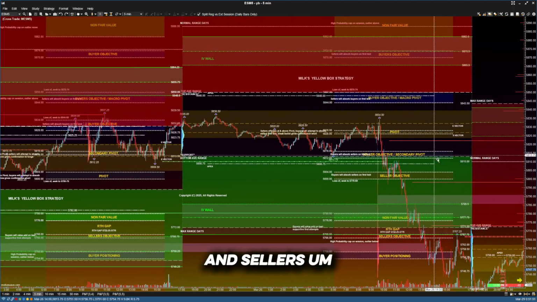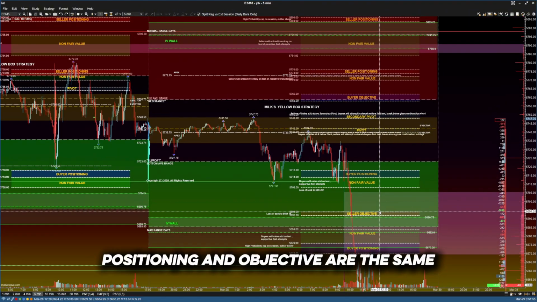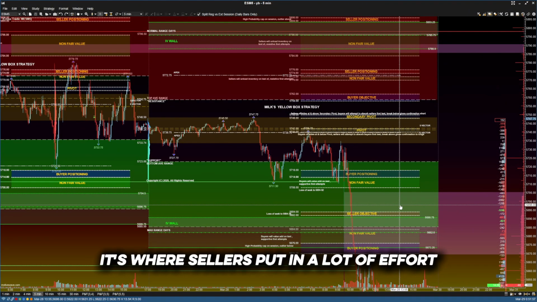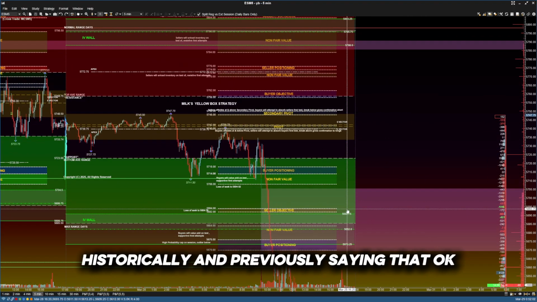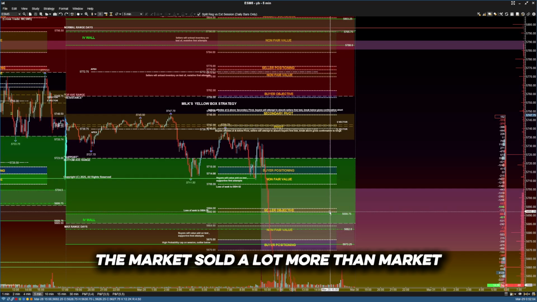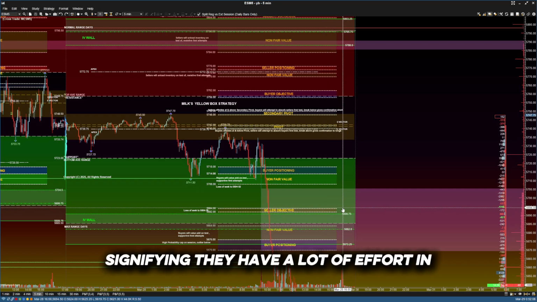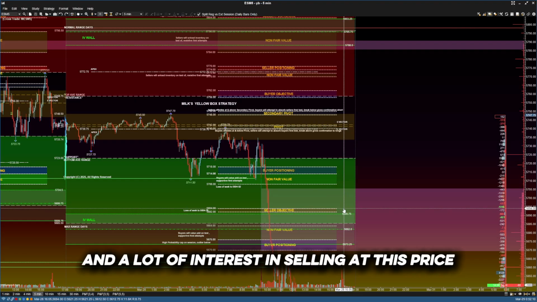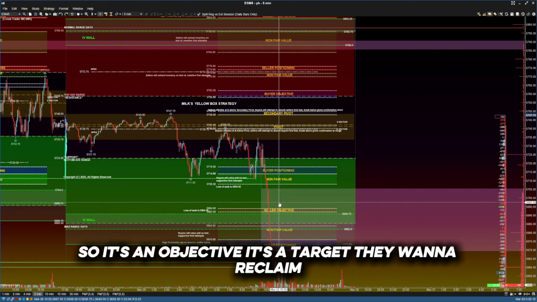And sellers positioning and objective are the same. It's where sellers put in a lot of effort historically and previously, saying that the market sold a lot more than market buyers bought here, signifying they have a lot of effort in and a lot of interest in selling at this price. So it's an objective, it's a target they want to reclaim.